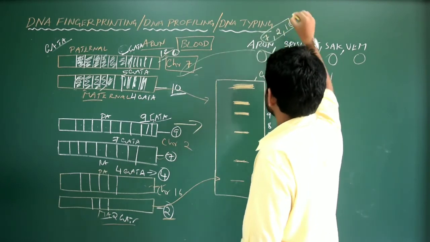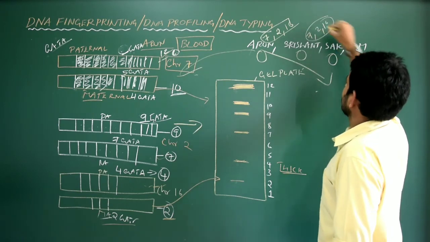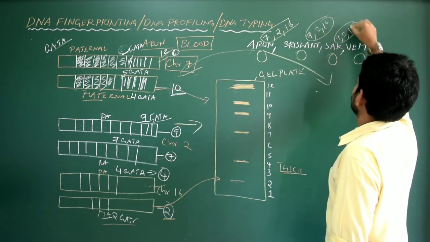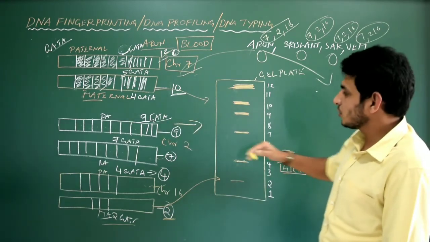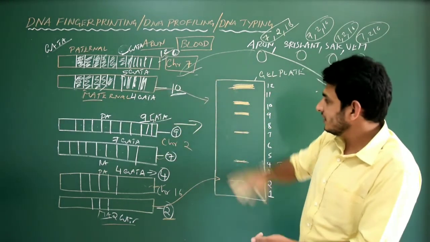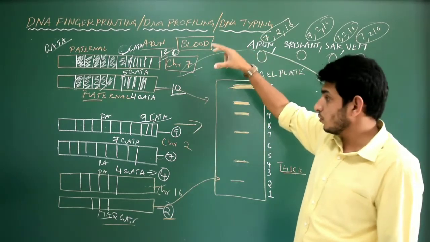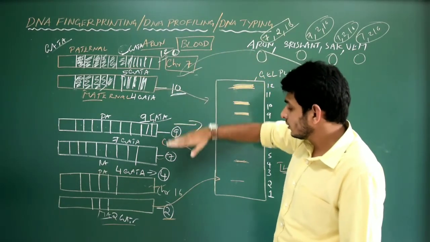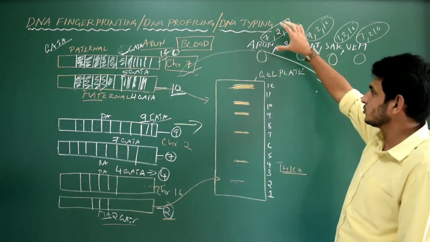So they are going to consider 3 chromosomes here. Srishant is also the same. Yes, because it's very easy, because they have completed the fingerprinting of the blood collected at the crime spot, considering 7, 2 and 16 chromosomes. So they need to consider the same chromosomes.